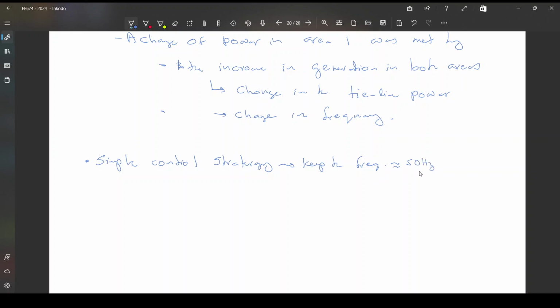You can do that by maintaining the tie line flow, and this can be done by the load change being absorbed by the generation of each area.